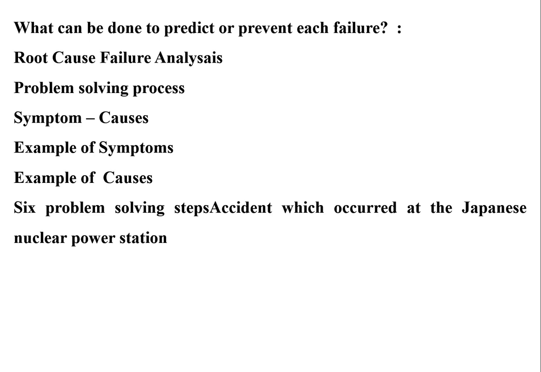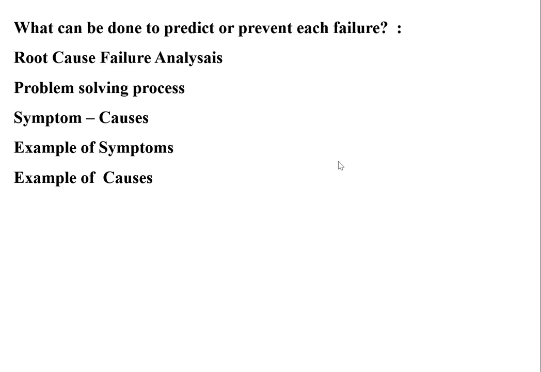And as a problem solving process, we have to follow a certain approach, a certain step-by-step procedure, following 6 problem solving steps, and we apply these steps one by one to apply the root cause failure analysis. To know the root cause and to highlight the cause of any failure, we have to follow a step-by-step procedure.